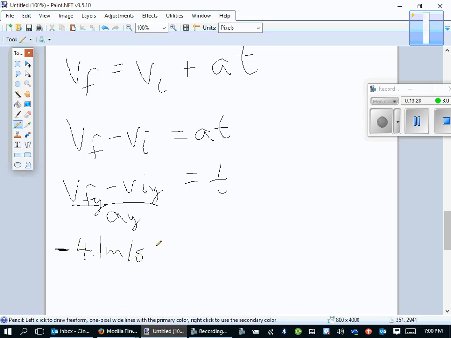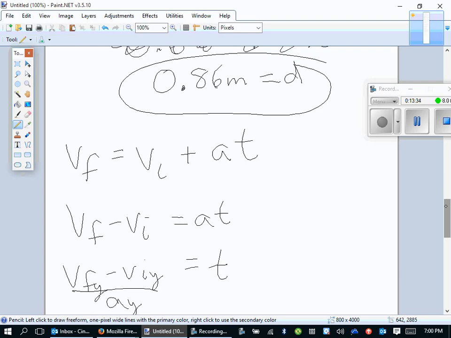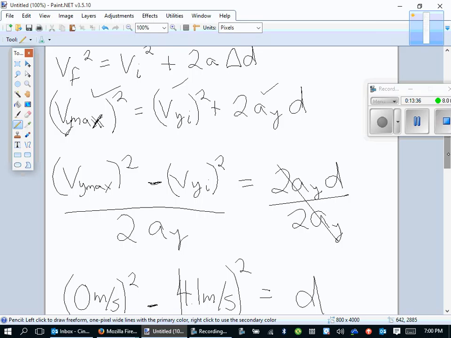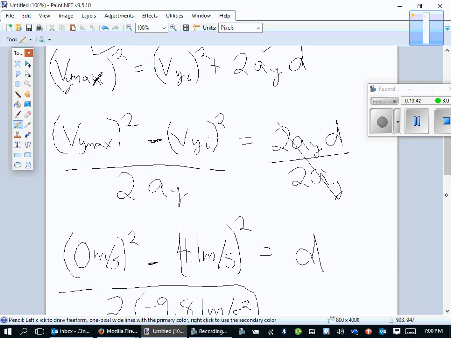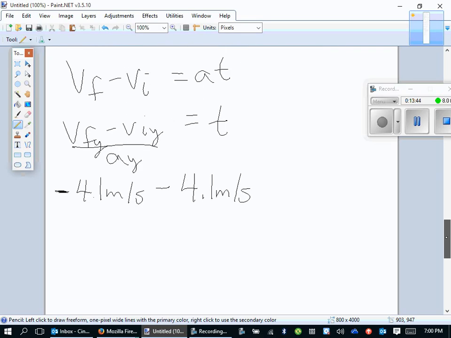Initially, we had 4.1 meters per second. That's what we found up here. V initial was 4.1. V final was negative 4.1. Okay. And our acceleration in our y direction, of course, is negative 9.81.